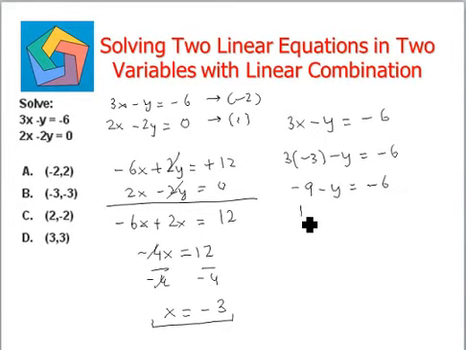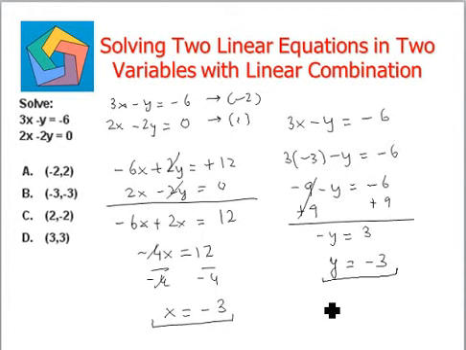We add 9 to both sides first and let's see what we get. This cancels to 0. Negative y equals negative 6 plus 9, which is a positive 3. So y equals negative 3. So the value of x is negative 3 and y is also negative 3. This is our final answer, can be seen in option B.